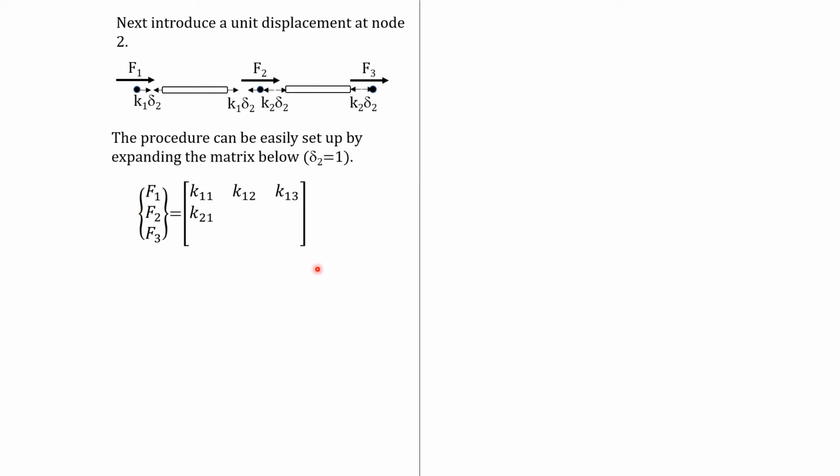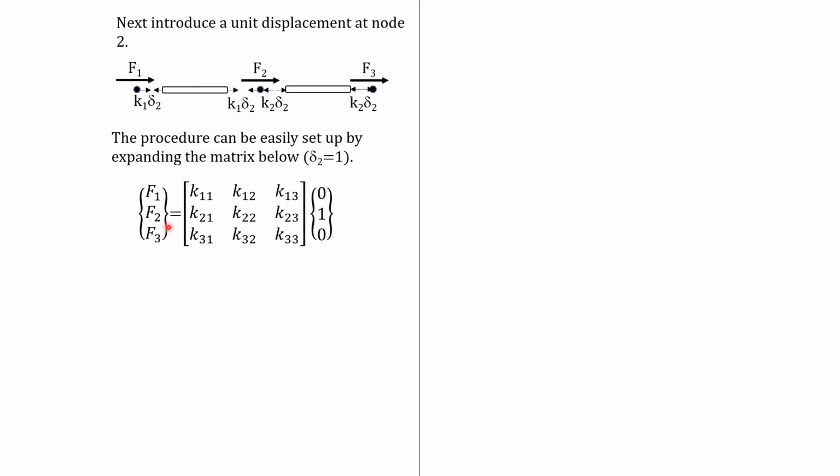So drawing the matrix, we have F1, F2, F3. There are 3 forces. So K11, K12, K13, K21, K22, K23, K31, K32, K33. And we have displacement at node 2 only, which is 1. Then at 1 is 0. At 3 is 0.